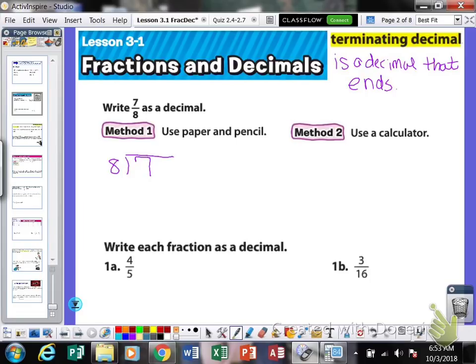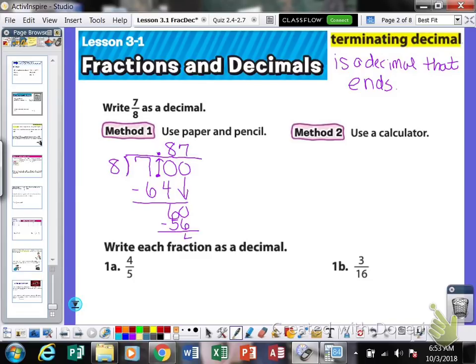Now, 8 cannot go into 7, so we add the decimal, bring it straight up, and add the 0. 8 can go into 70 8 times. 8 times 8 is 64. We subtract, we get 6. Again, 8 can't go into 6, so we add a 0, drop it down. 8 goes into 60 7 times, that's 56.